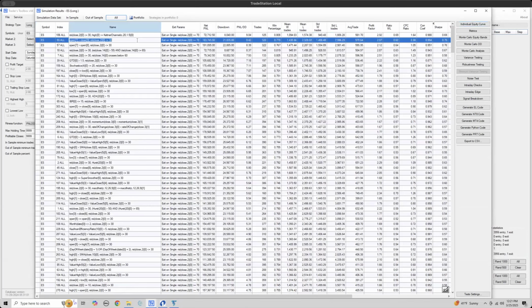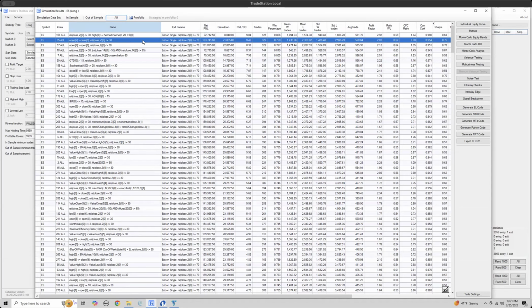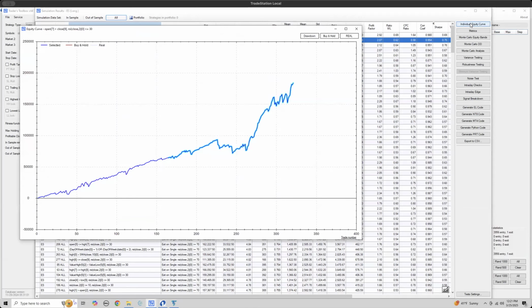Let's go take a look at another. The one right below it, wow, so the one above that, the Keltner channel one, was making a net profit of $72,000. The one below it has a simple price filter. And what it's saying here is the open of 7 bars ago must be greater than the close of 9 bars ago. And then, of course, we have our 2-period RSI entry. And that produces an equity curve that looks like this.